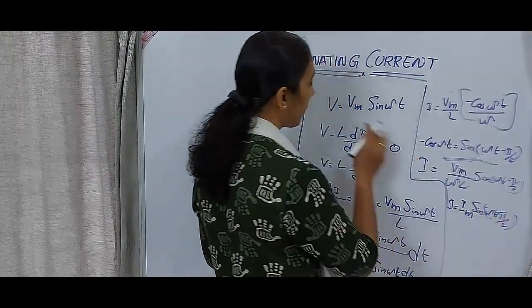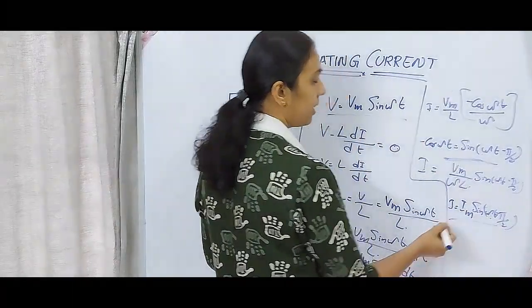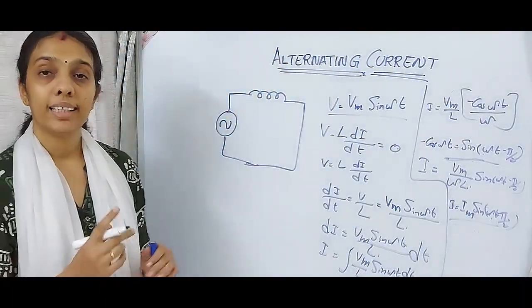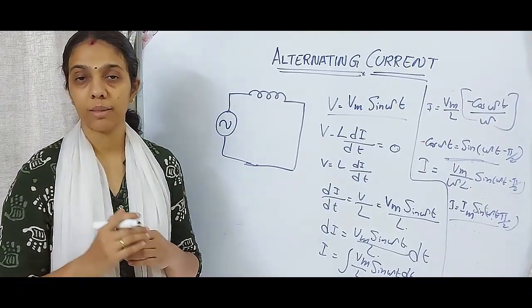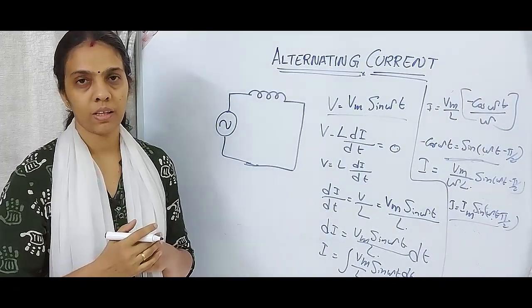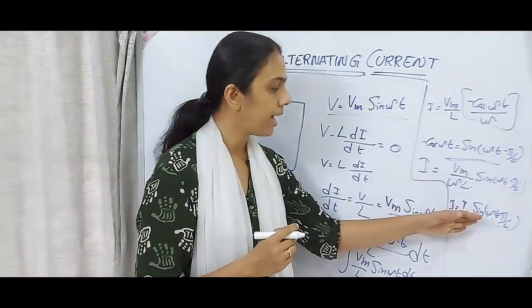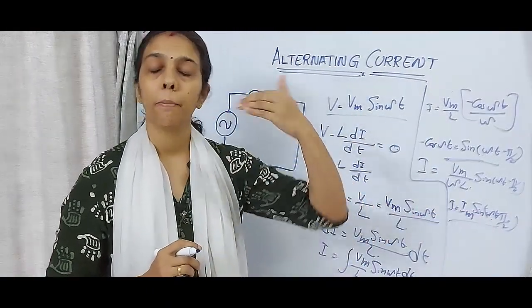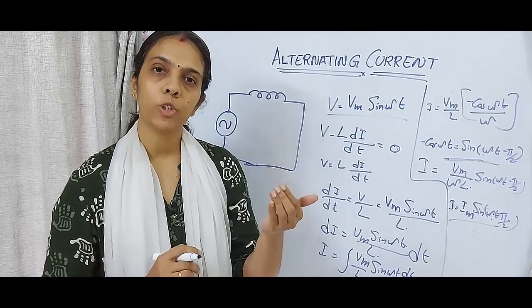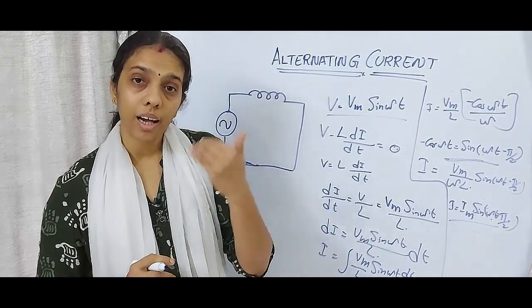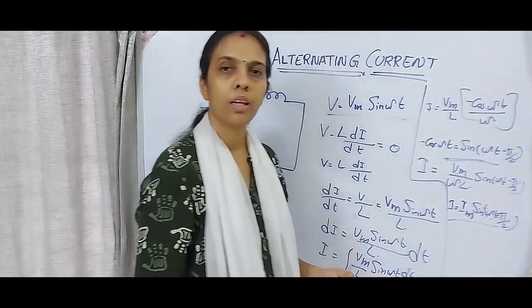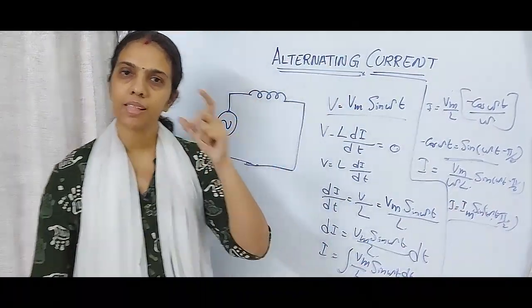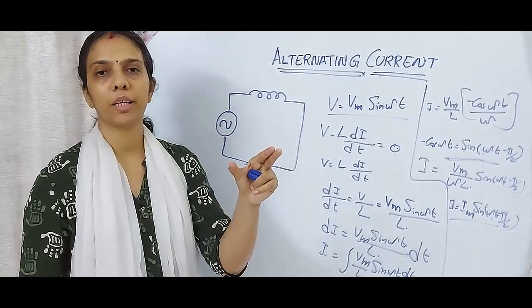If we compare this voltage and current, what difference do you observe? Yes, both are not in phase with each other; they are out of phase. One is omega t and the other is omega t minus pi by 2. Minus pi by 2 means the current is behind the voltage by pi by 2.